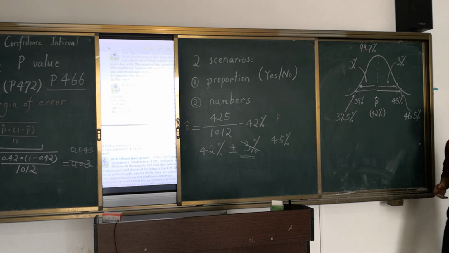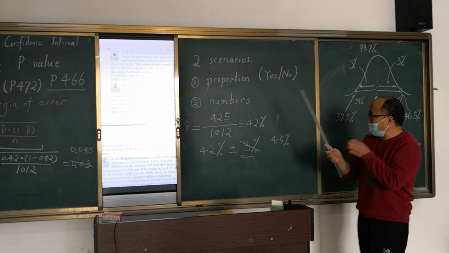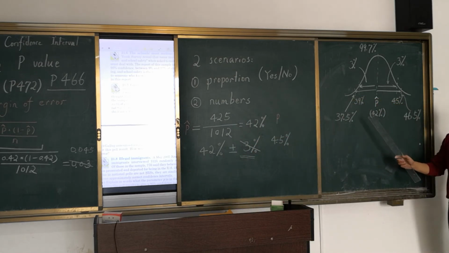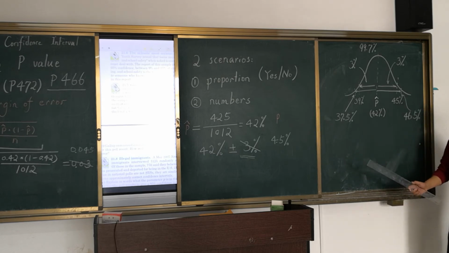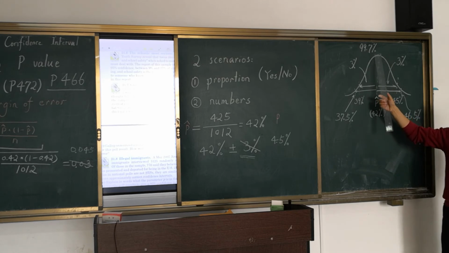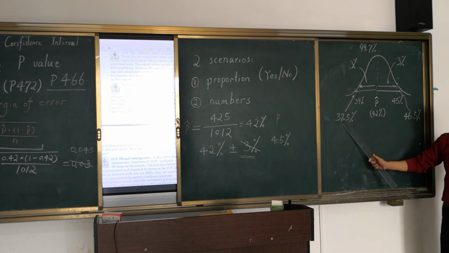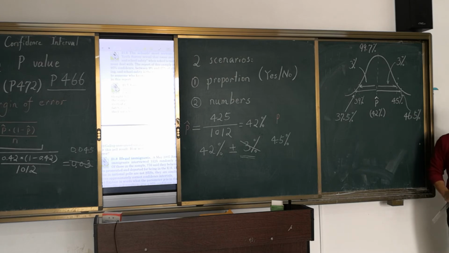So it is wider now. The national proportion, 99.7% of the time, we are almost 100% confident, is in this range, 37.5 to 46.5.